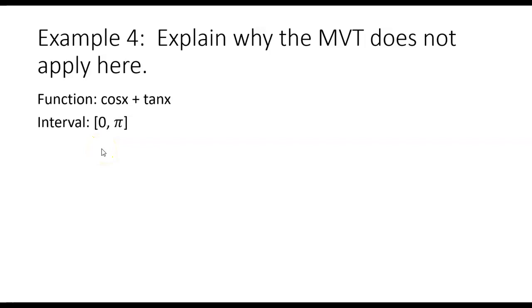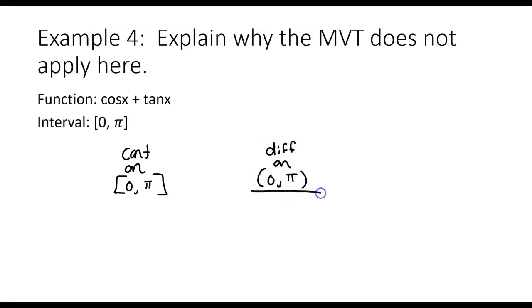Explain why the MVT does not apply here. Well, looking back at our little sheet about the continuity of common functions, cosine is continuous everywhere, so that's fine.